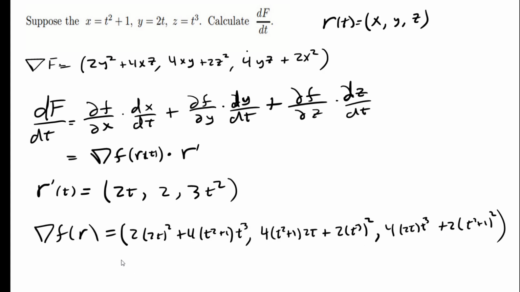Let's simplify this a little bit. So I have, let's see, 2 squared is 4. That's going to be 8t squared plus 4t times t squared plus 1, t cubed. Don't think that'll simplify. No, it won't. And then I have, what is this? This is going to be 8t cubed.